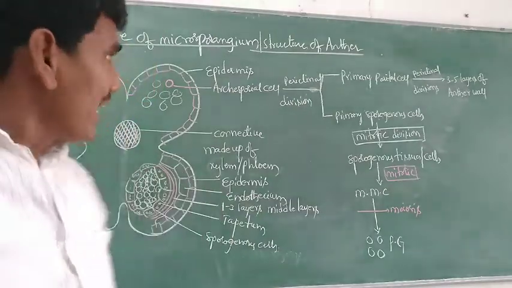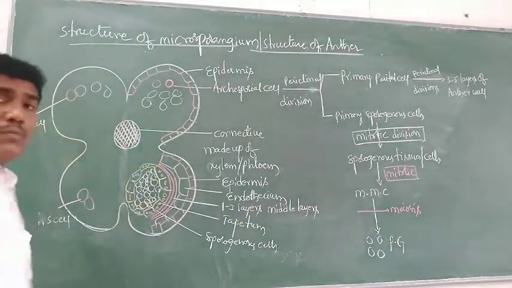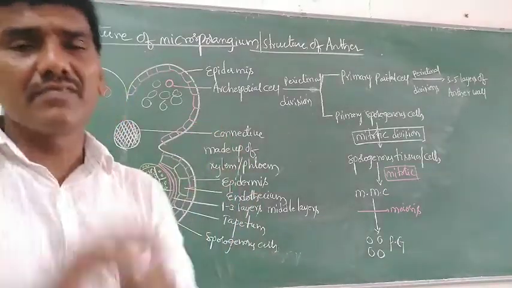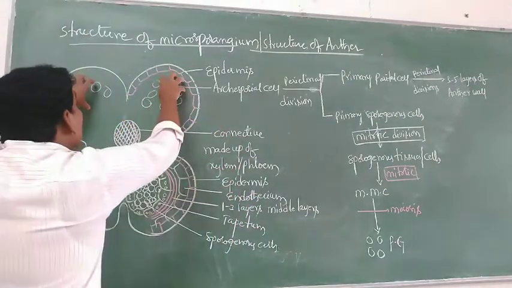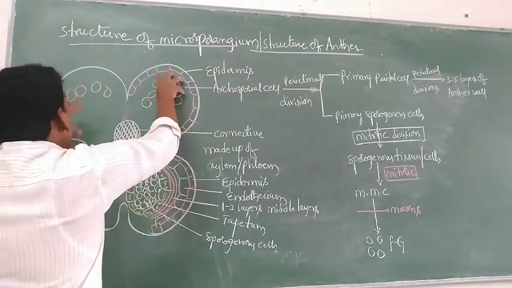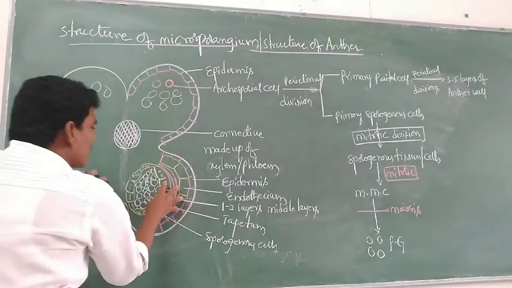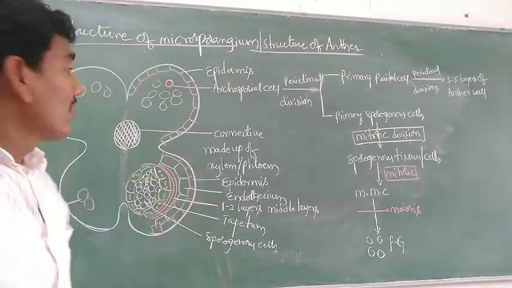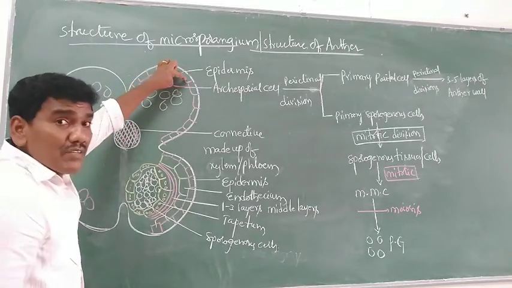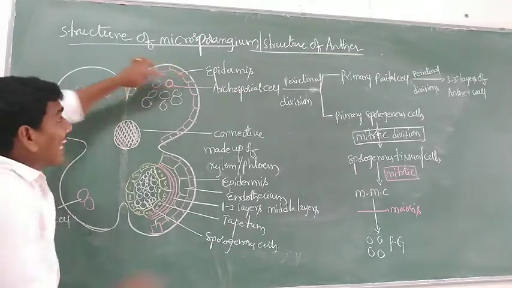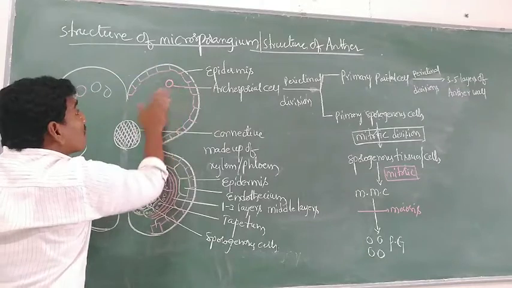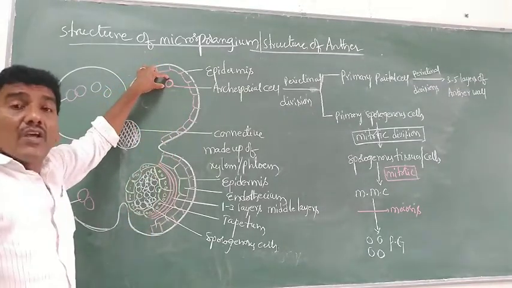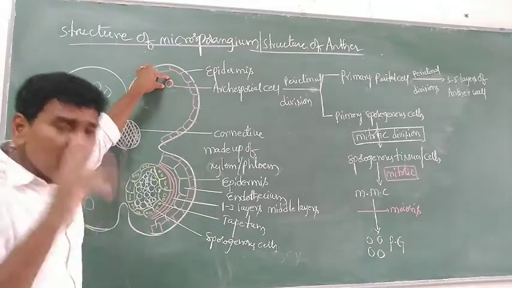Next, very important: how do the anther walls develop in the anther? At the 4 corners of the anther, this is one corner, this is one corner, this is one corner, this is one corner, below the epidermis, exactly at the hypodermal position, a group of cells develops.